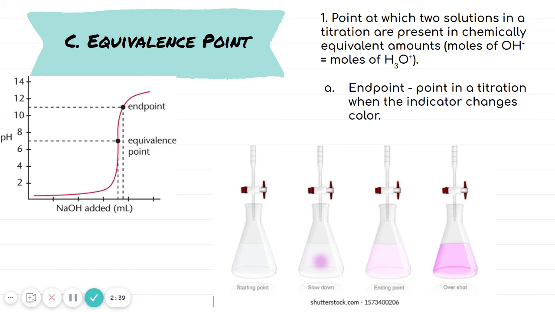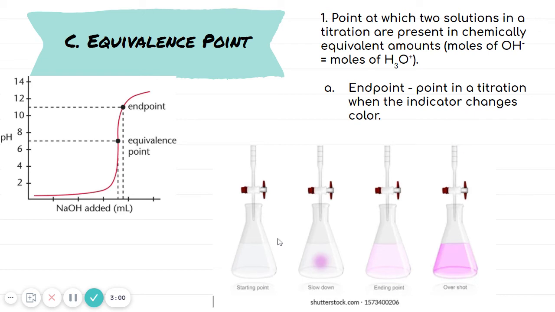But in general, that's what you're looking for. The end point is a lab term, and the end point is the point at which the indicator changes color. So we're going to be using phenolphthalein, which turns pink when you get just past equal amounts.